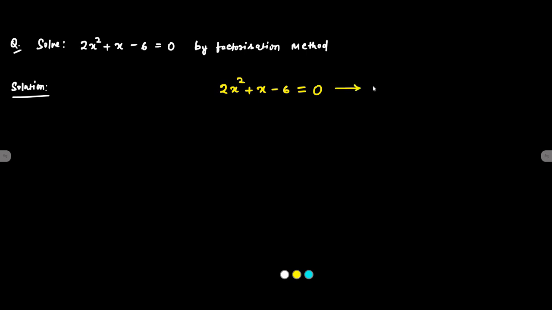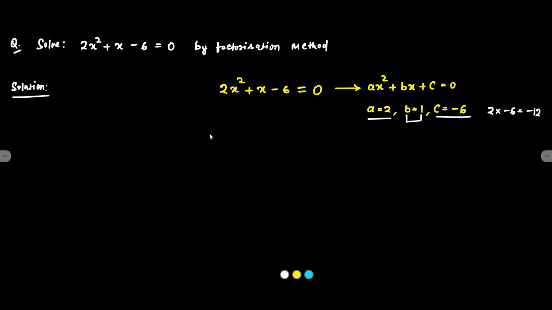If we compare it with the standard format ax² + bx + c = 0, a is equal to 2, b is equal to 1, c is equal to −6. The product of the two extreme terms, 2 into −6, is equal to −12. So we have to split this middle term in such a way that the product of the two split terms is equal to −12.